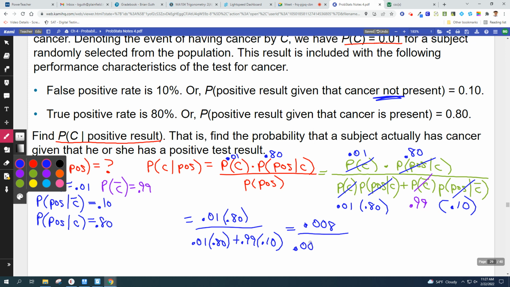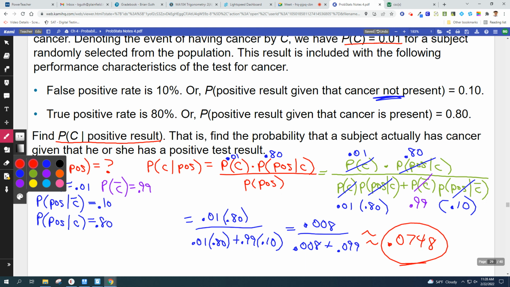So then you'd see that again. And 0.99 times 0.1 is 0.099. Use a calculator, that's going to be about 0.0748.